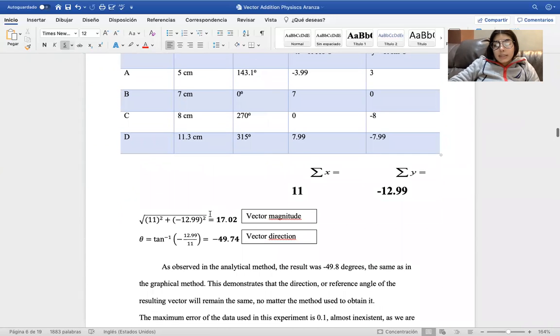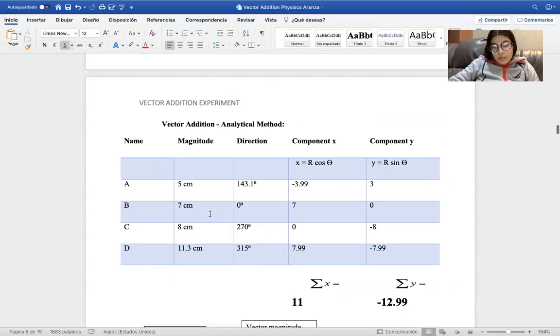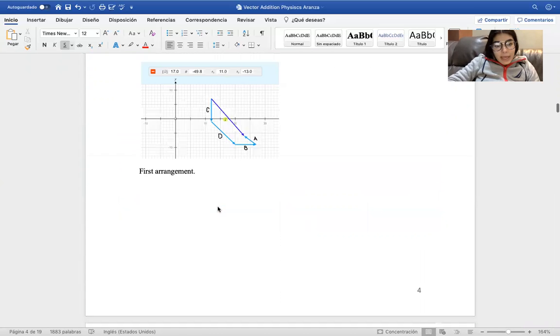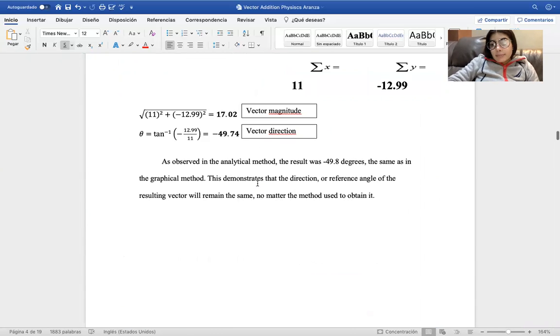So this demonstrates that the direction shouldn't change if we change the arrangement of the initial vectors. And that's how I did my experiment.